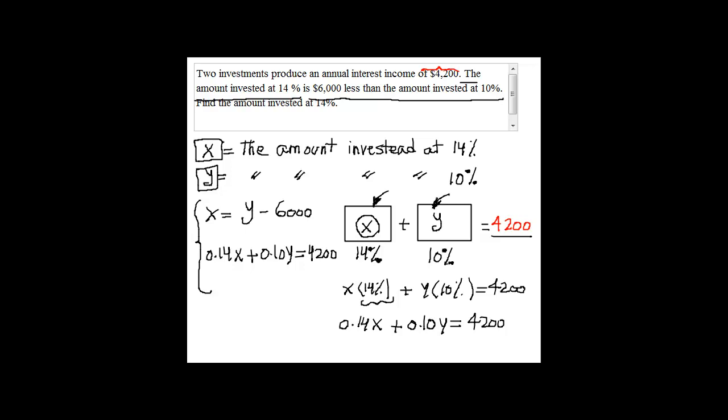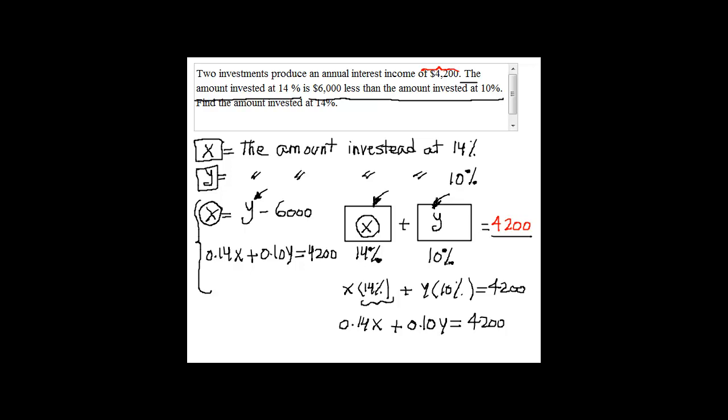If you read the question, it says the amount invested at 14%, which is X, is equal to $6,000 less than the amount invested in 10%. Well, the amount invested in 10% is Y. 6,000 less than that would be Y minus 6,000.